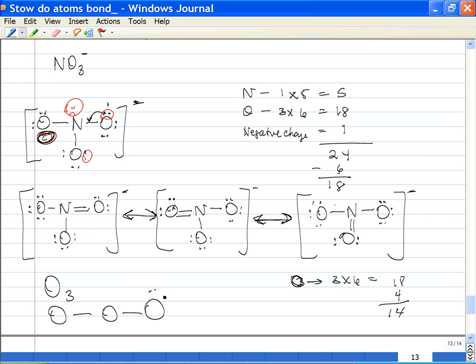Now we have 14 electrons remaining to distribute over the atoms. We do the outside atoms first and the central atom last: 2, 4, 6, 8, 10, 12, 14. The outside atoms are happy.